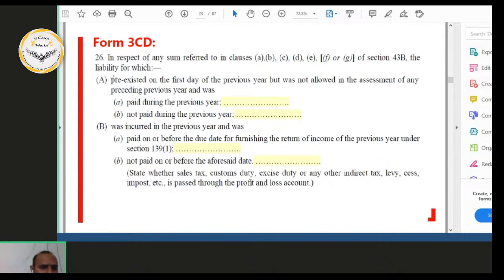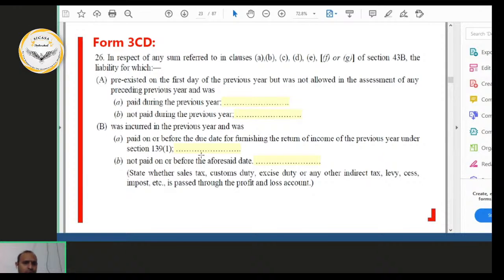So box A talks about the opening disallowances. It means it was disallowed in earlier years, and since it is paid in the current year, that is getting allowed in the current year. In such case, that will be reported in box A.